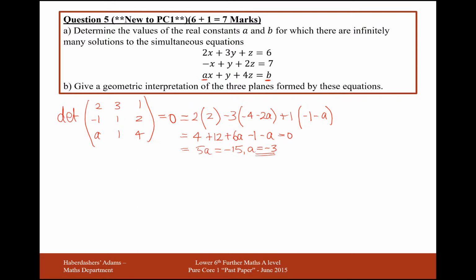Okay, the next part comes to find b by making the simultaneous equations have infinitely many solutions. So what I'm going to do here now is I'm going to start to solve these simultaneous equations, making sure that we get infinitely many solutions at the end.